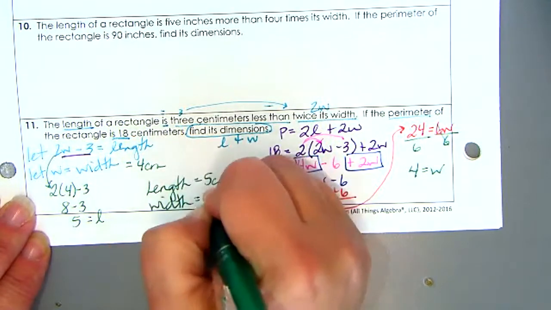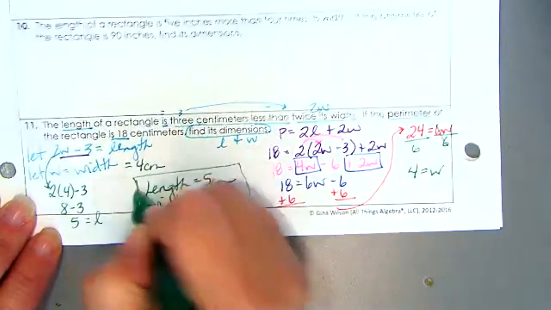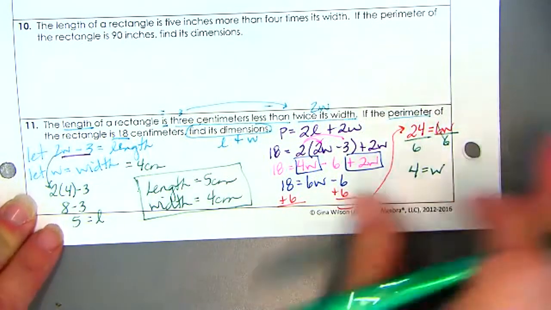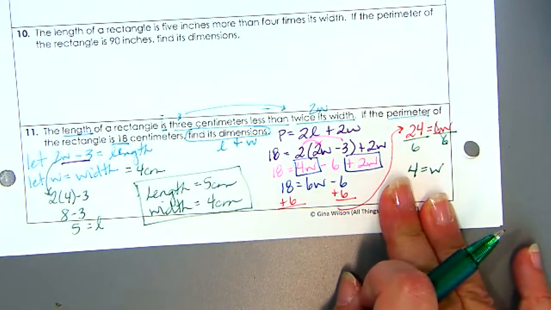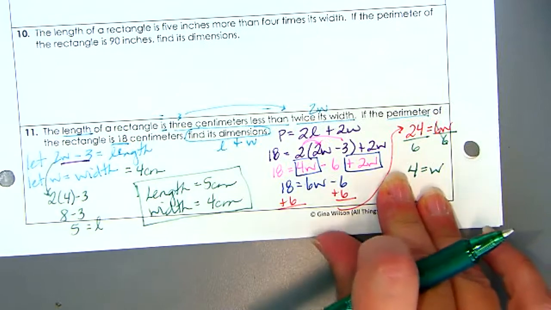The width is 4 centimeters. This is that answer. And the rest of them are all very similar. You're plugging into that perimeter formula.